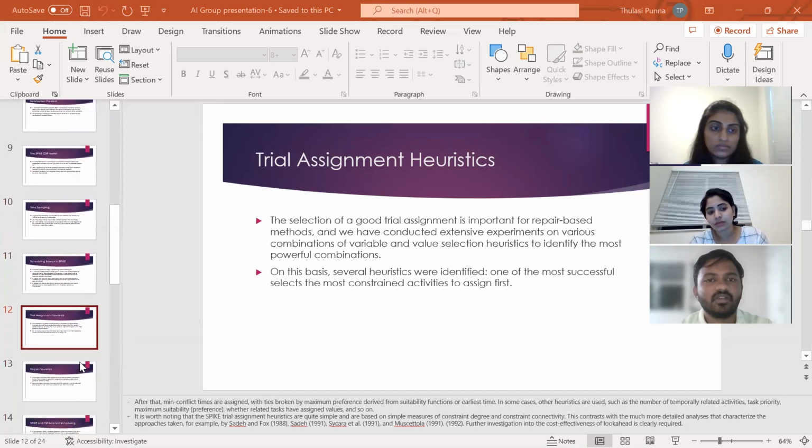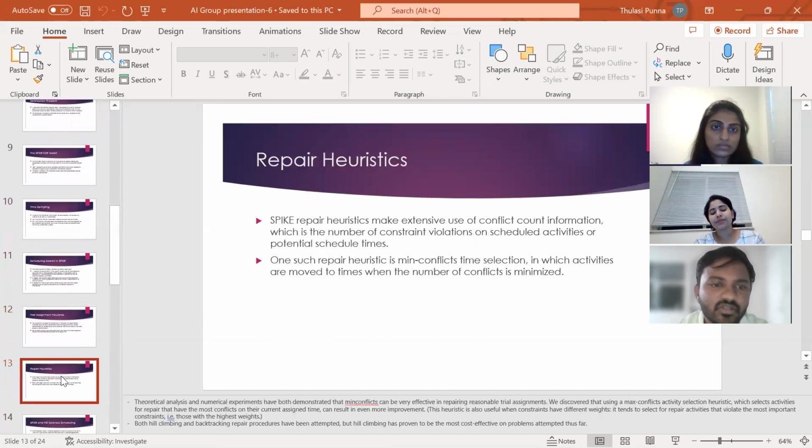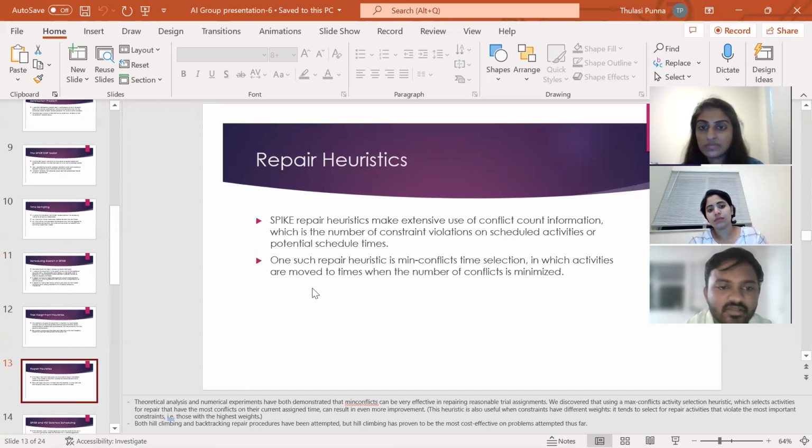The next one is repair heuristics, how we can repair. Theoretical analysis and numerical experiments have both demonstrated that min-conflicts can be very effective in repair heuristics. But we discovered that using a max-conflict activity selection heuristic, which selects activities for repair that have the most conflicts at their current assigned time, can result in even more improvement, as it tends to select for repair activities that violate the most important constraints.